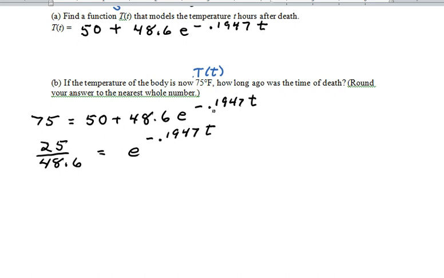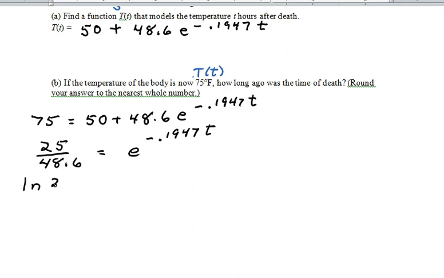By taking the natural log of both sides, we will get a value for the exponent. And I'm going to use the quotient rule for logs, which says that the log of the quotient is the difference of the logs.